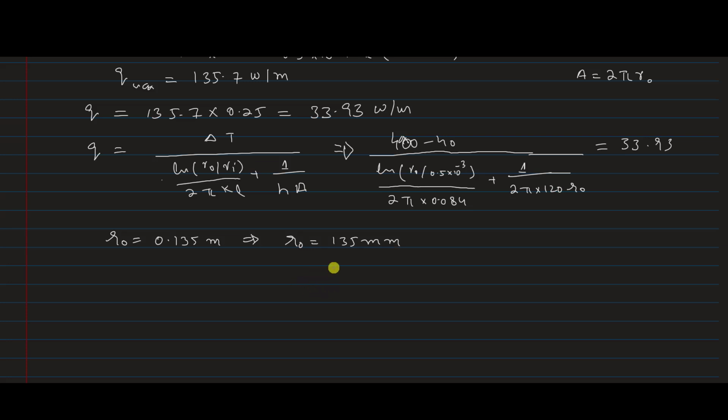And we are interested to find the thickness of the insulation when there is a reduction in heat transfer of 75%. That is our concern. So the thickness of the insulation is equal to R0 minus Ri. So what is R0? That is 135 millimeter minus Ri, which is 0.5 millimeter.